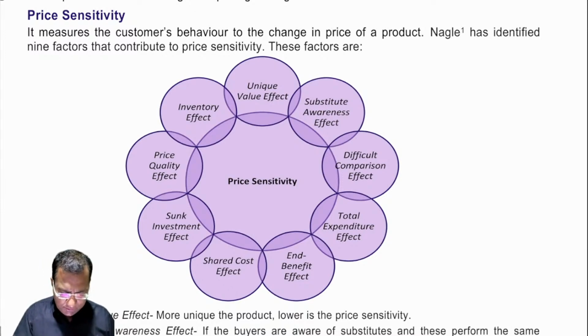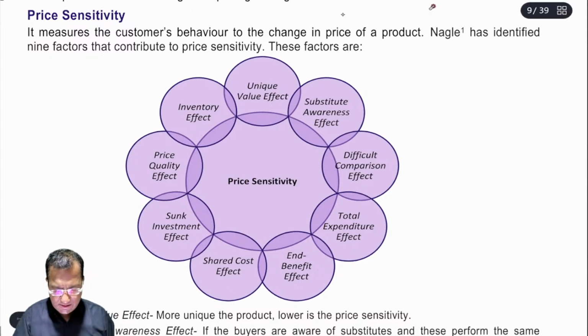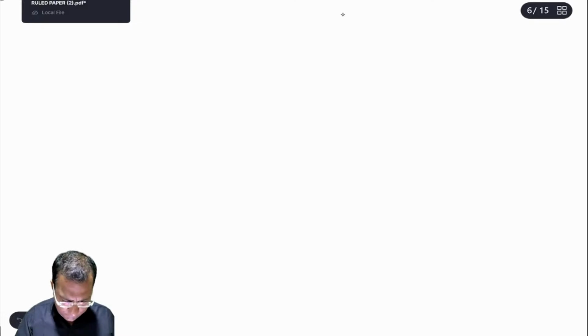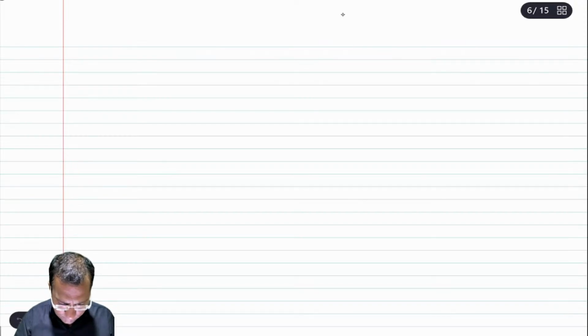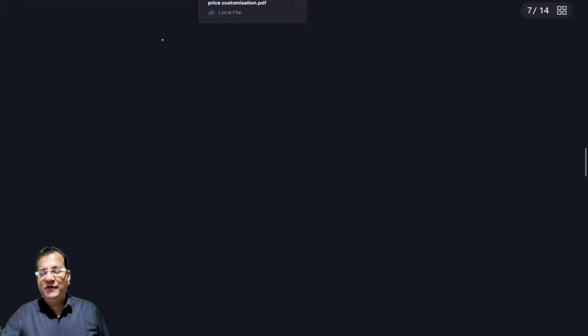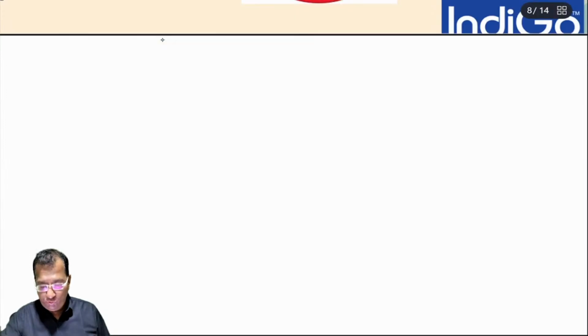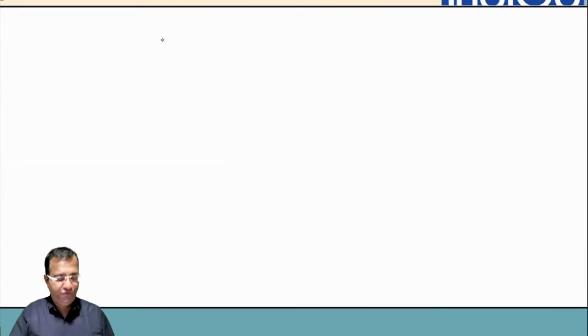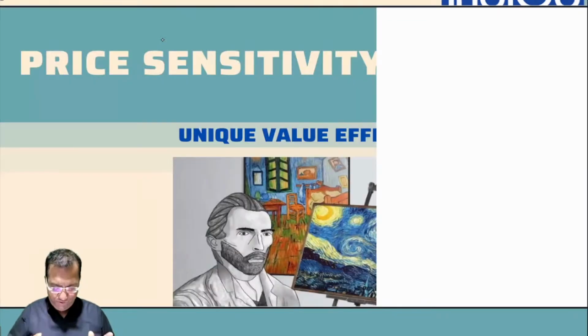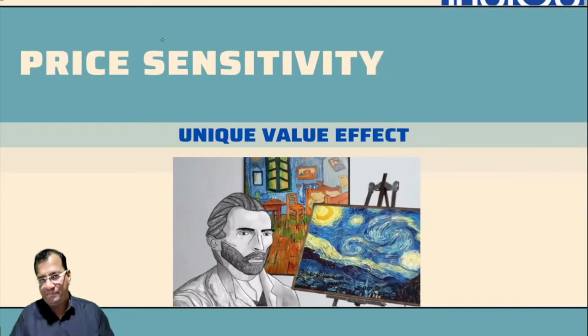So let's start. The first point given by Mr. Nagle, out of those 9 points regarding the price sensitivity, is unique value effect.